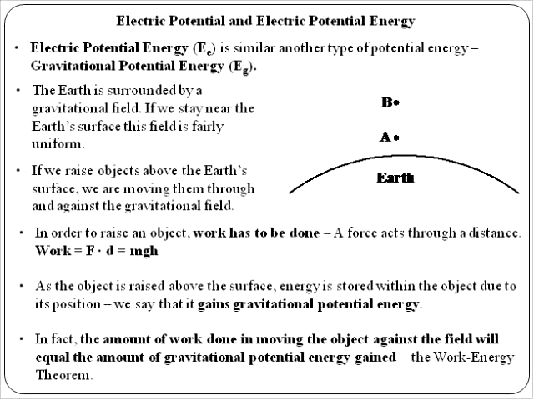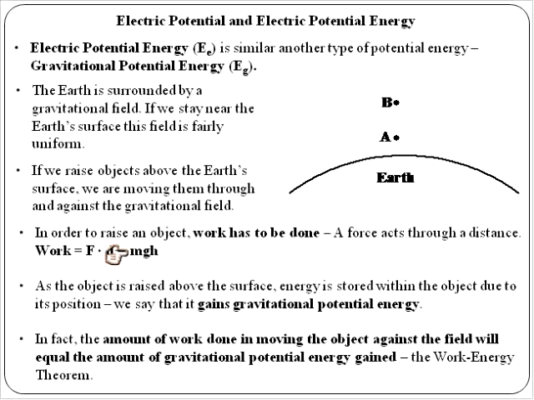And if we raise objects above the Earth's surface, we have to do work on them because we have to exert a force to move them a distance. So the work equals force times distance, or force because it's force of gravity would be mg, and the distance that you move it is h. So mgh, which coincidentally is also the same formula that we use to calculate gravitational potential energy.